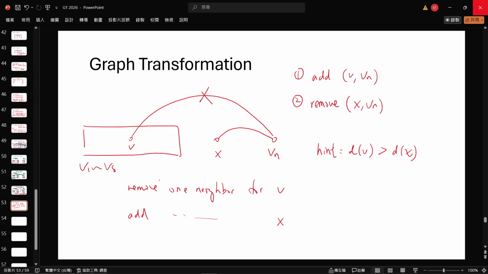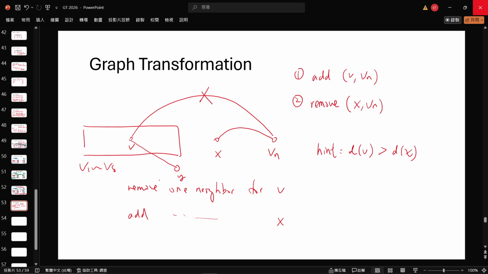So what should we do at this point? No, v is already adjacent to y.